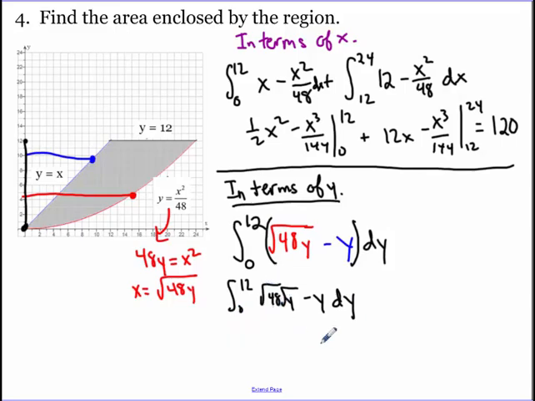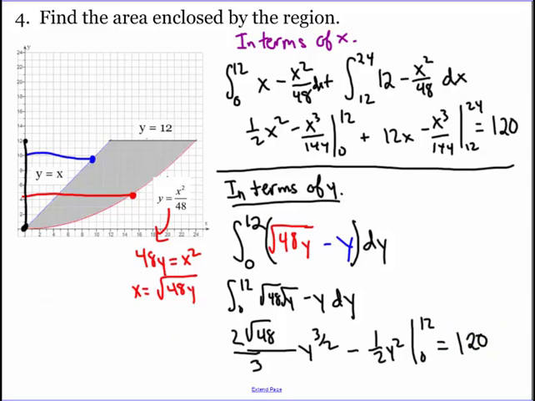I went through and did a little bit of algebra, and when I took my integral, I got root 48 times 2 over 3, because my new exponent is to the 3/2 power for this first term, minus 1/2 y squared. And I evaluate from 0 to 12. I promise, with a little bit of work, plugging in my calculator and simplifying radicals, we do get 120 also. So in terms of y, we have a less scary integral.